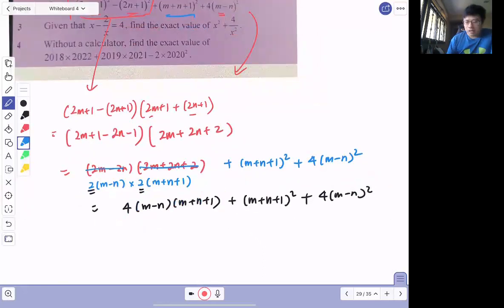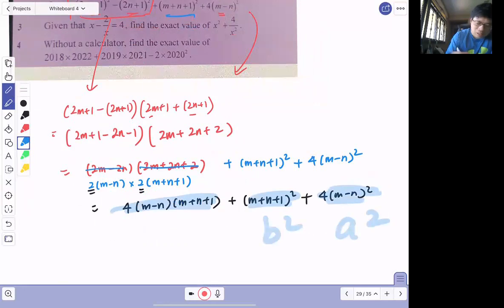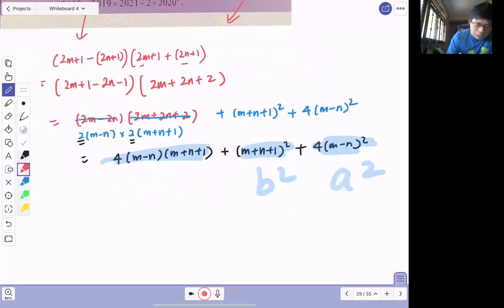You should be able to handle a square plus 2ab plus b square. A square, b square, 2ab. This is like 2 times 2 bracket m minus n, m plus n plus 1.